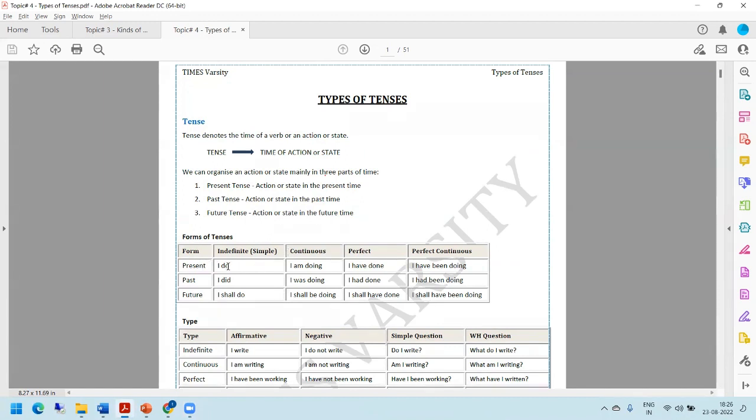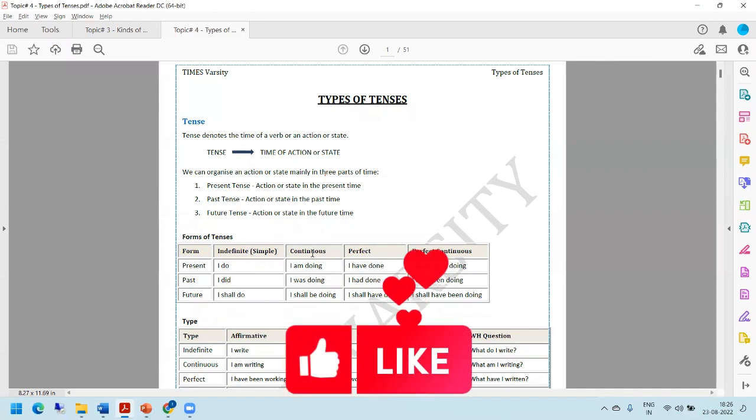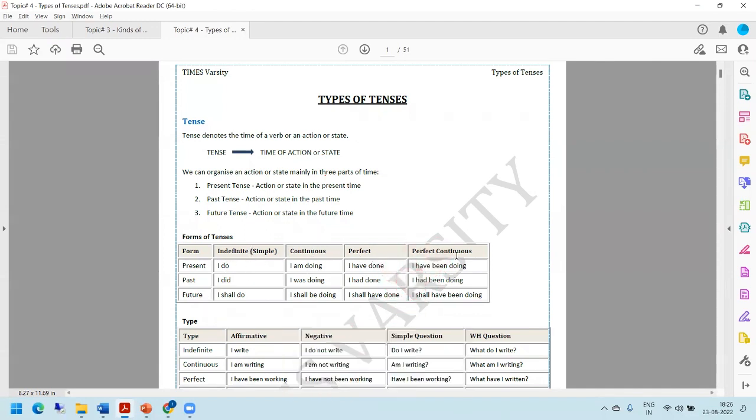In present: present indefinite, present continuous, present perfect, present perfect continuous. Similarly, past indefinite, past continuous, past perfect, and past perfect continuous, and future indefinite, future continuous, future perfect, and future perfect continuous. So these are the different forms. There are 4 forms in each type of tense.